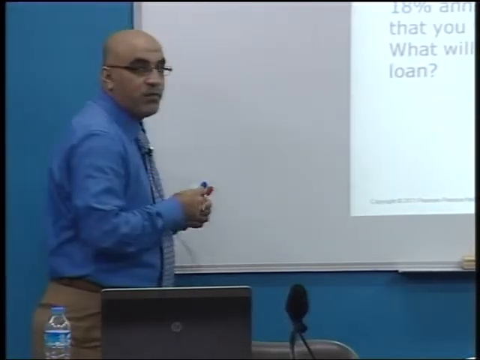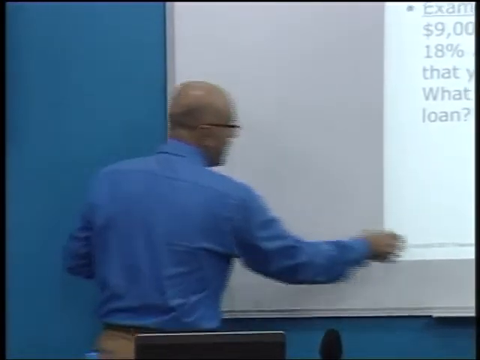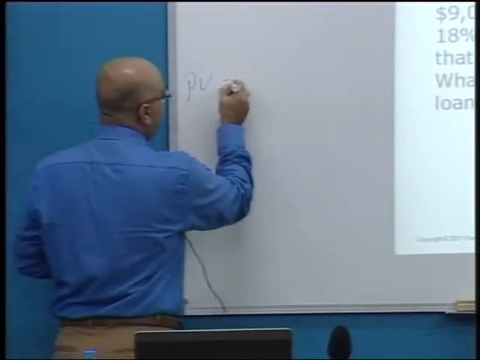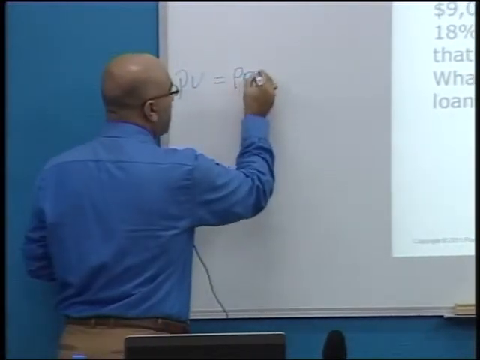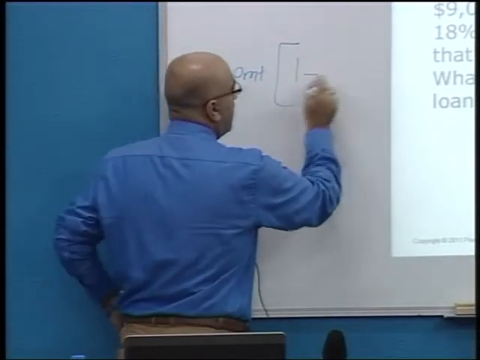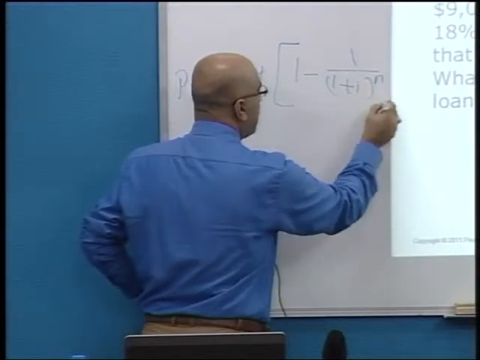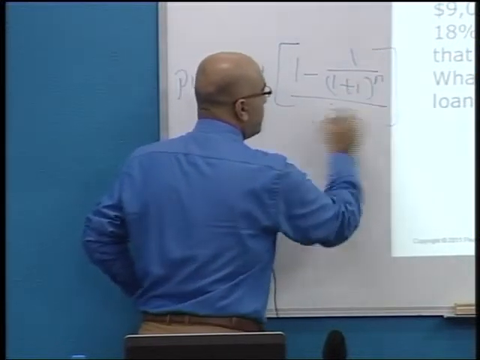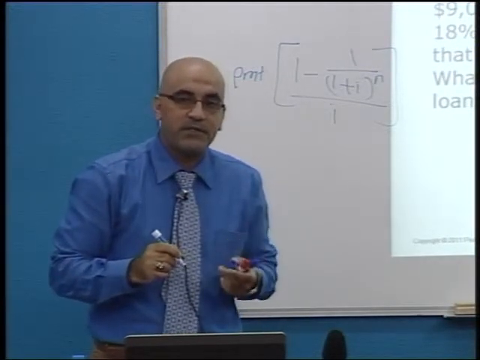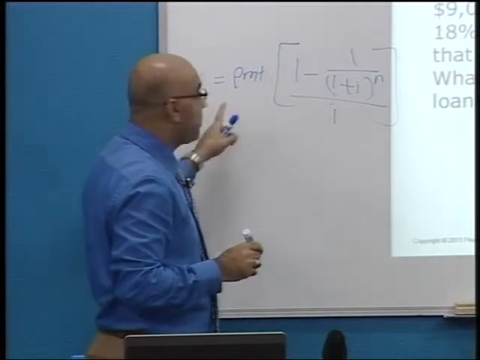Just to remind you with the equation, the present value is equal to the payments, within the brackets, 1 minus 1 divided by 1 plus i raised to the power n, divided by i, and close the brackets. This is the general or the standard formula of calculating the present value considering the payments.